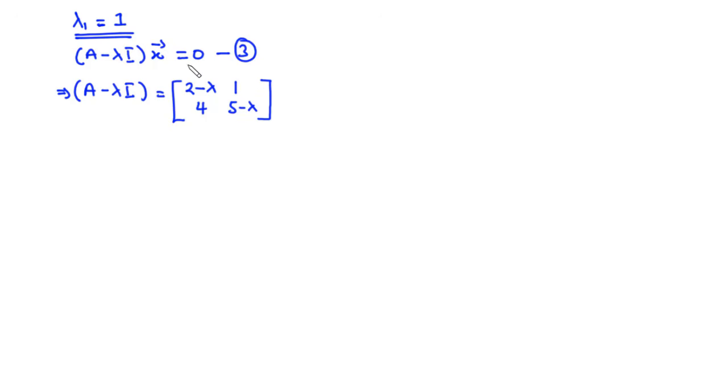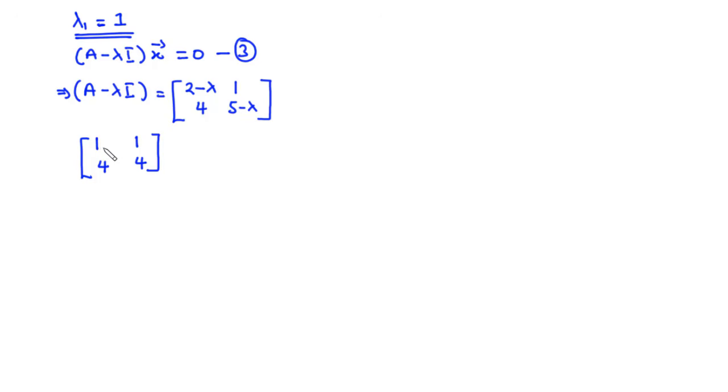Now from equation 3, we are going to have this matrix 2 minus, now we have lambda 1 to be 1, so that's going to be 2 minus 1, and that is 1, 1, 4, and then 5 minus 1 is 4.